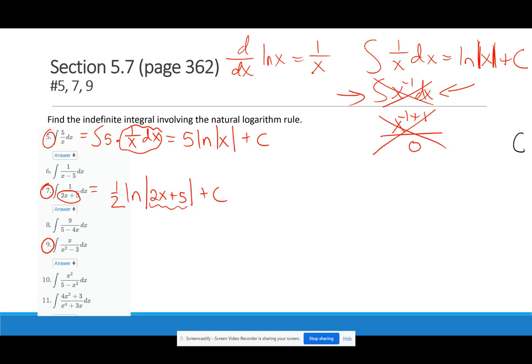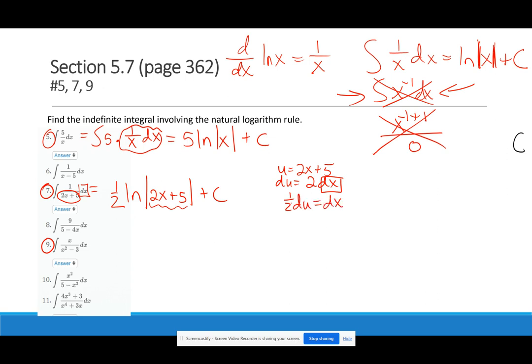Okay. Now, you might be more comfortable having that set process. So what you could do is just let u equal 2x plus 5 and do the derivative of it with respect to x and write it in differential form. And then notice that there's a dx there, so you need the dx by itself. So that would be 1/2 du.